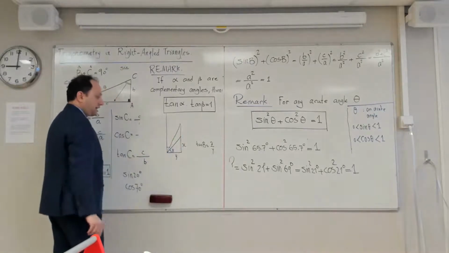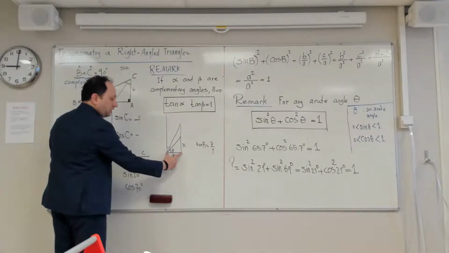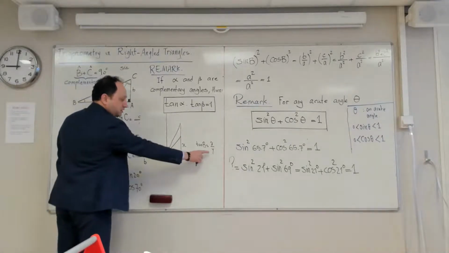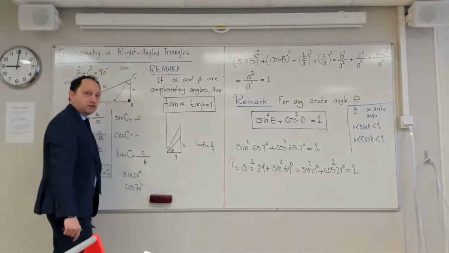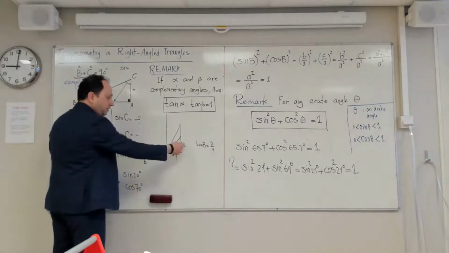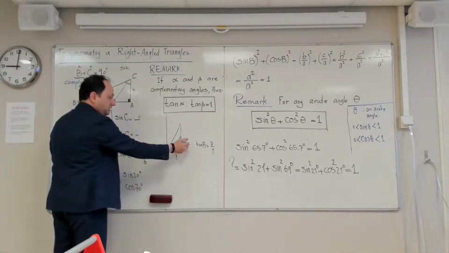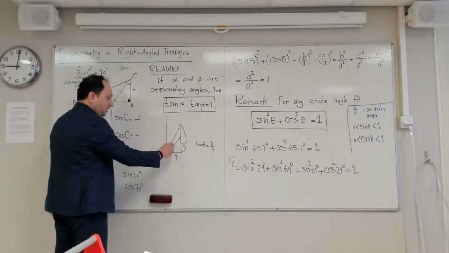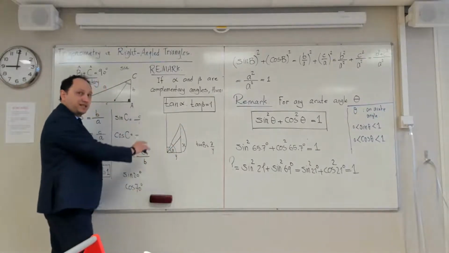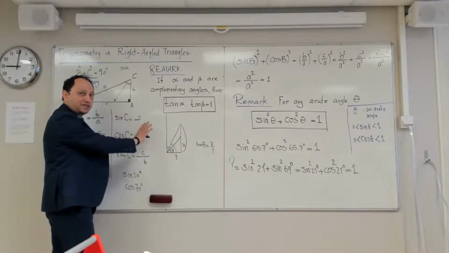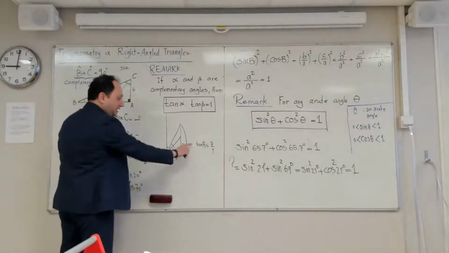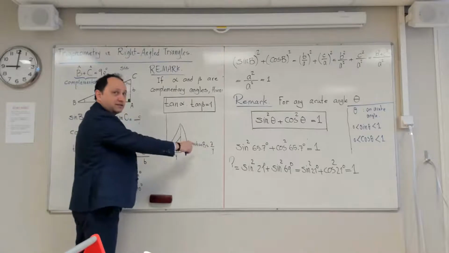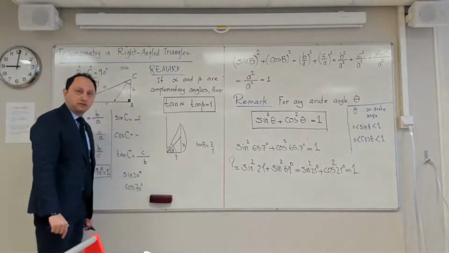Look, this Y remained fixed, so the denominator is not changed. But the value of X has increased to this new value. So this new angle is bigger, but it's still smaller than 90 degrees. So it is still an acute angle, but its tangent is bigger than the tangent of the previous angle.